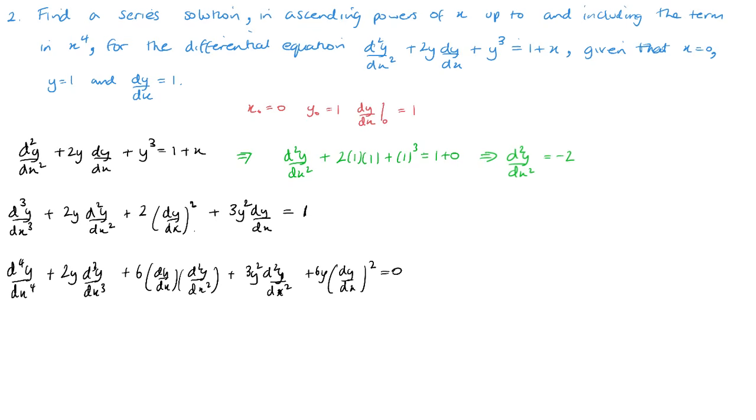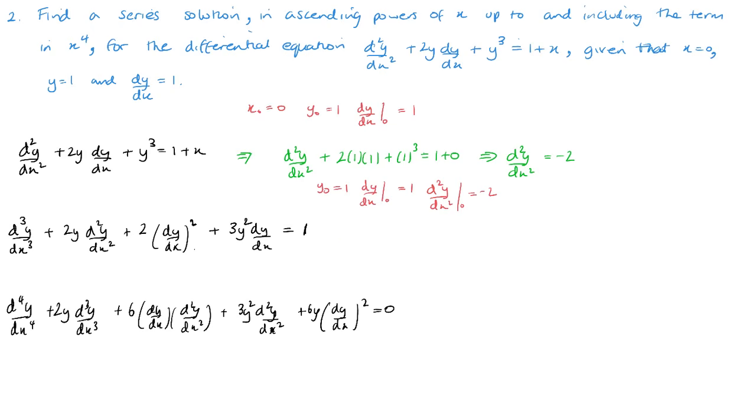Now, substituting into this one, I don't have any x terms, but I have a y term, a dy by dx when x is 0 term, and a d2y by dx squared when x is 0, and that is equal to minus 2. So that is what I am substituting in.